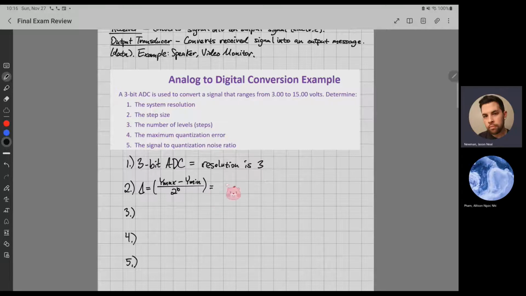What's our y max? 15 volts, and y min is 3. 2 to the b would be 8. So this is 12 over 8, which is 1.5 volts.